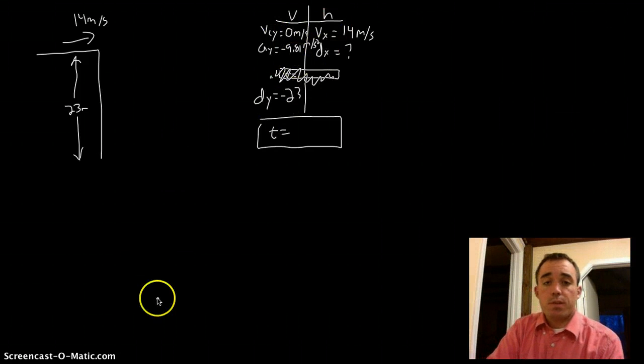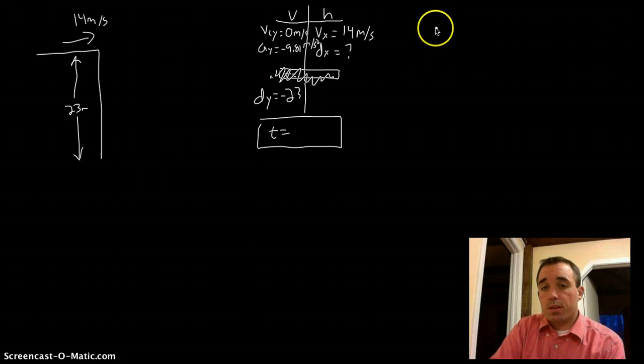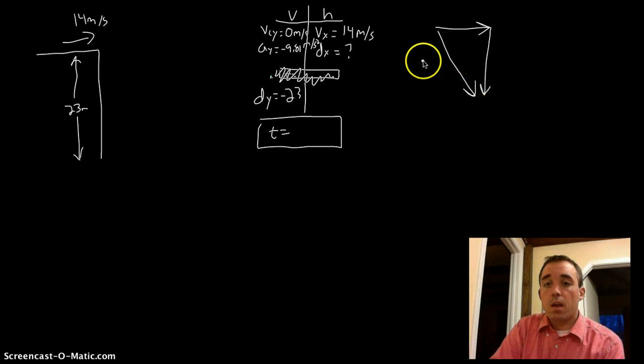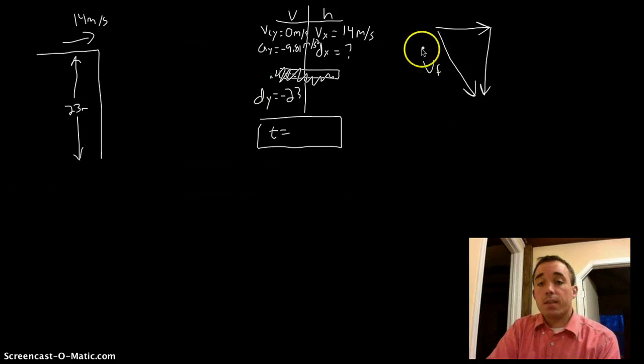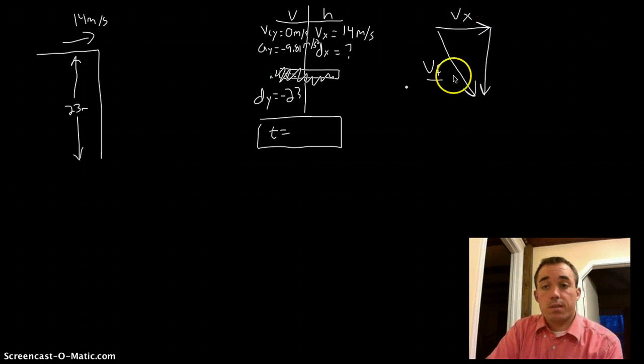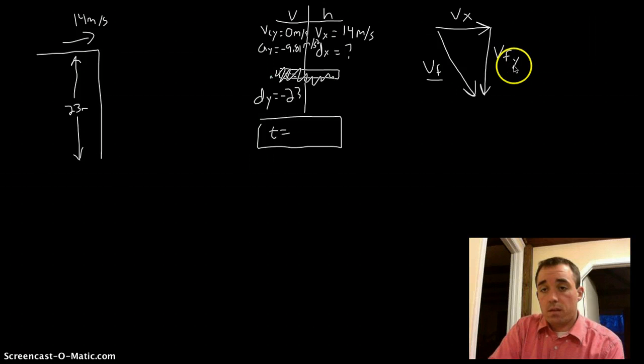All right, so the first thing we should be looking to do is solve our triangle. Overall, we want to solve for the hypotenuse, because this truly is our final velocity. We know this is our initial horizontal speed, and this part of the triangle is always and only our final vertical speed.